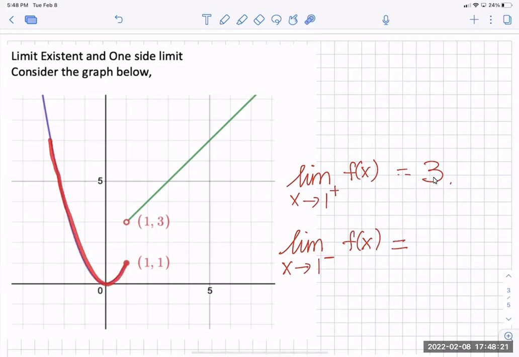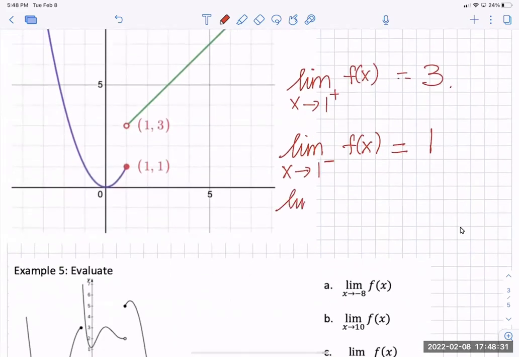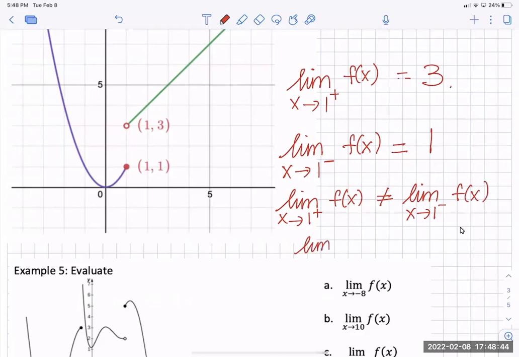And what is the y value? It is actually 1. So look, the limit approaching from the right is 3 and the limit approaching from the left is 1. When the limit approaching from the right of the function does not equal the limit approaching from the left, we say the limit as x approaches that number does not exist.